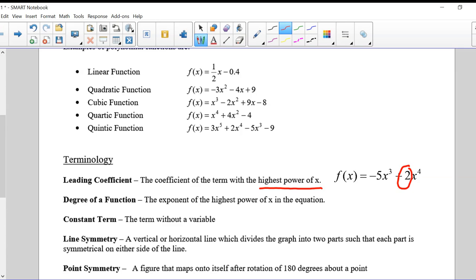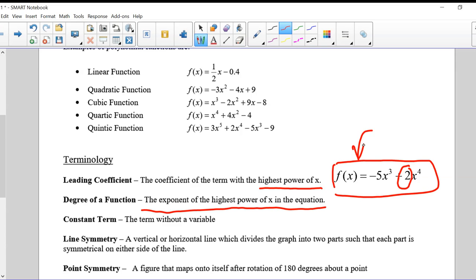And that takes us, by the way, to the degree of the function, because the exponent of the highest power is what gives you the degree of the function. So in the case of this one here, this is a degree 4, right? This is a quartic function. It's quartic because the highest power, right, is not the first power, which is 3, it's the 4. 4 is obviously bigger than 3.